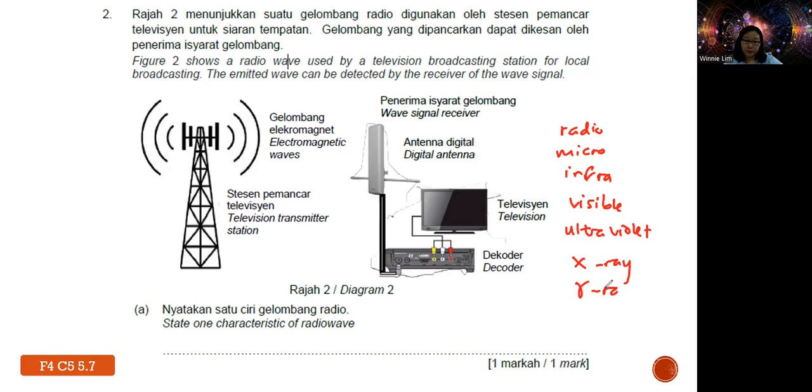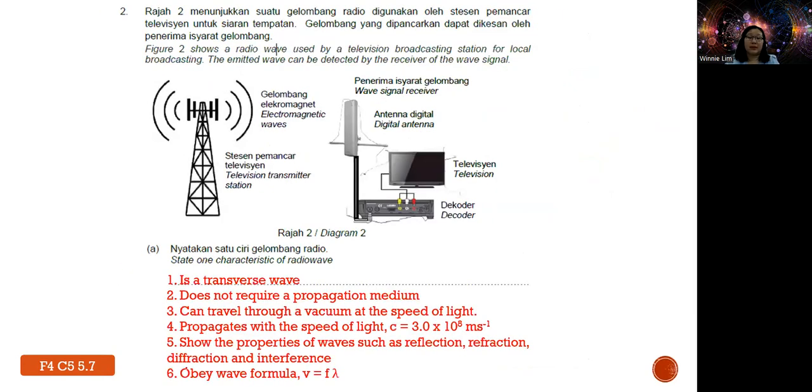Generally, all these 7 waves have common characteristics, so any of the common characteristics can be used as the answer. One example is that they travel at the speed of light, and they can travel through a vacuum. If you want to be more specific for radio wave itself, radio wave has the longest wavelength, or the lowest frequency of all the other 6 waves I showed here.